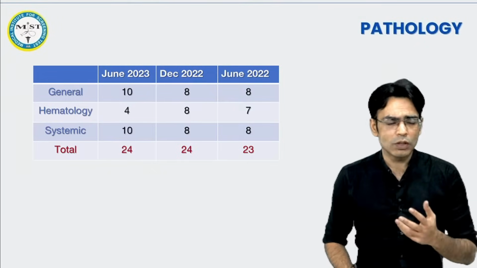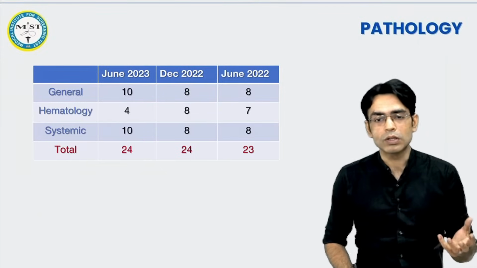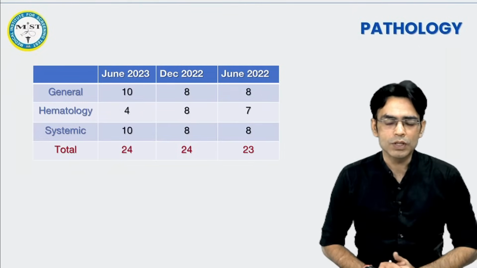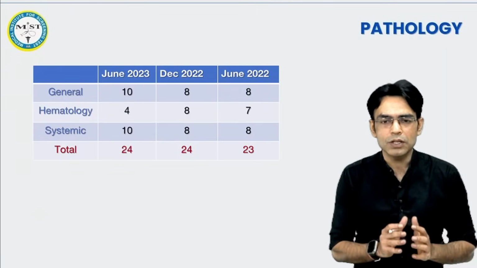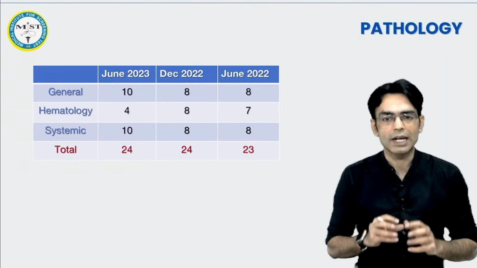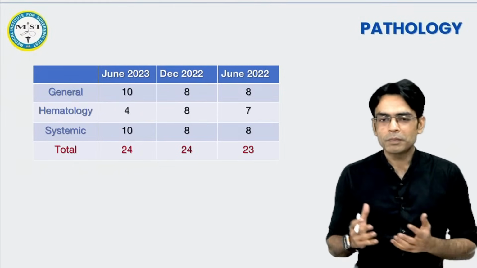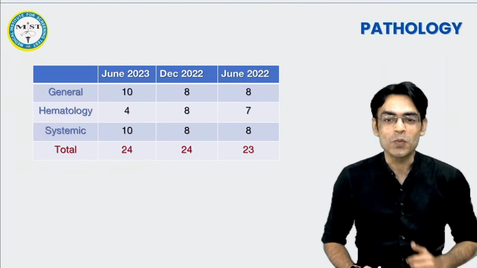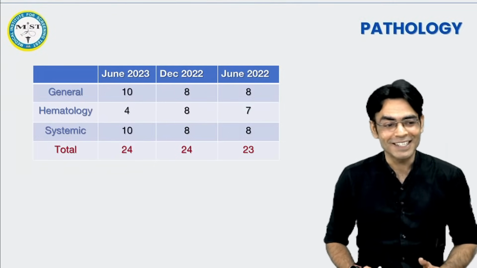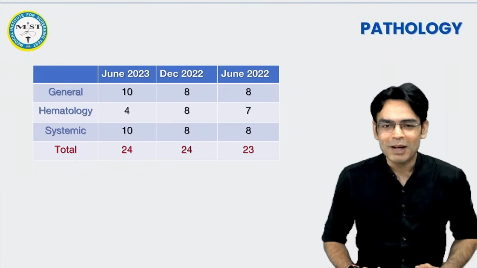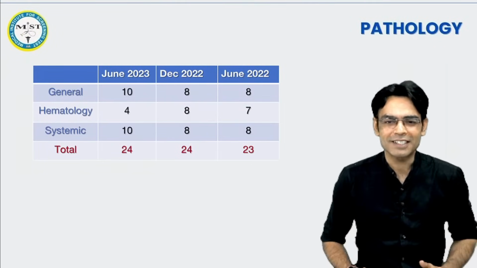If you go to the previous year recalls on the YouTube channel of MIST, and even in the MIST All-in-One you are getting, you will understand the important points from where they continuously ask questions. I hope you have studied well and will keep on studying for the next 30 days. Exactly 1 month is left for the exam, and we need to pump ourselves up and be on the right track.